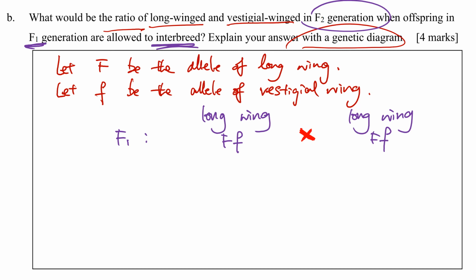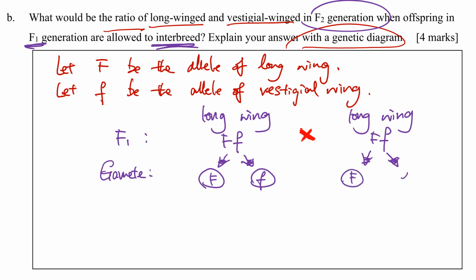And then, secondly, you tell me what gametes will be formed from these parents, the F1. Both F1 should form gametes of big letter F and small letter f, respectively.